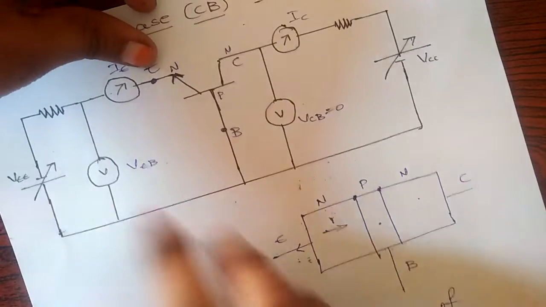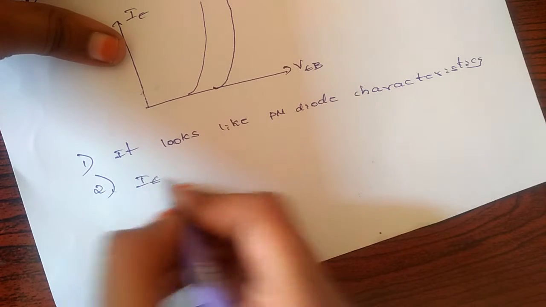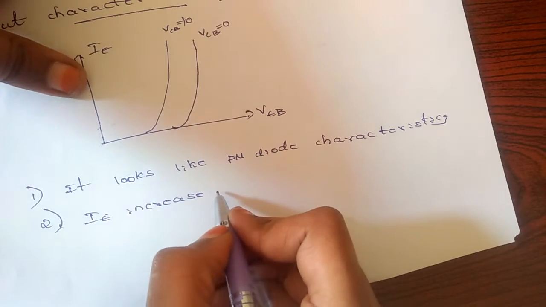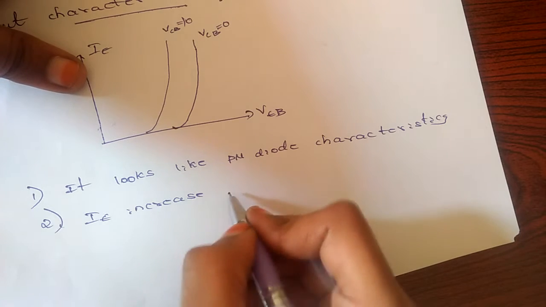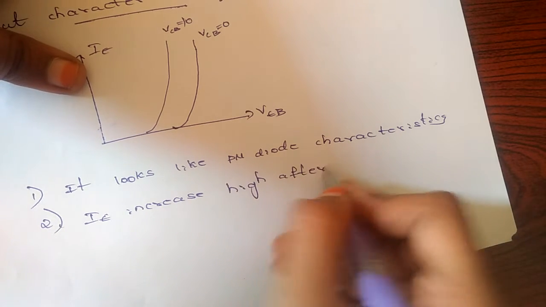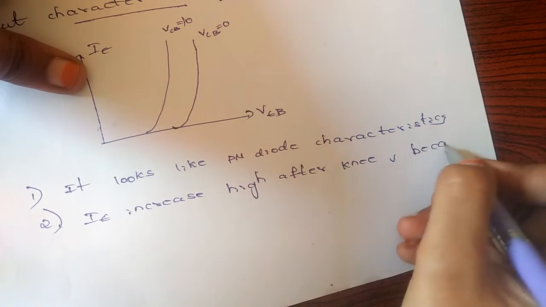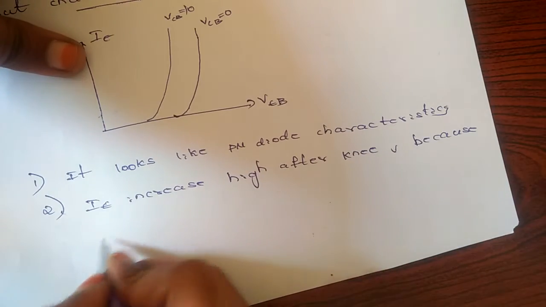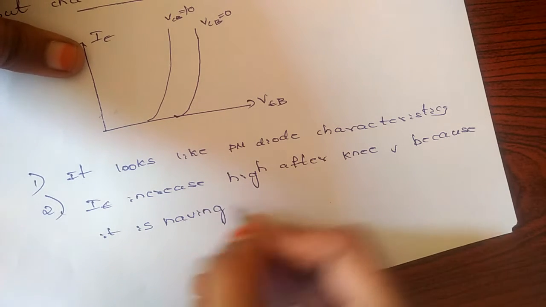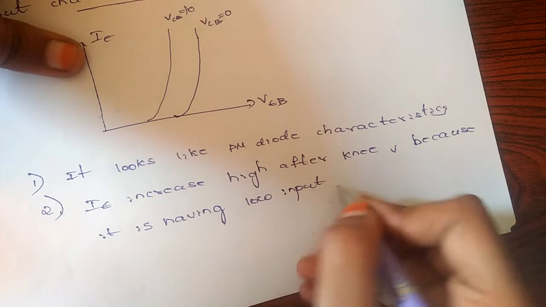Because it has low input resistance. So IE increases highly after the knee voltage because of low input resistance.